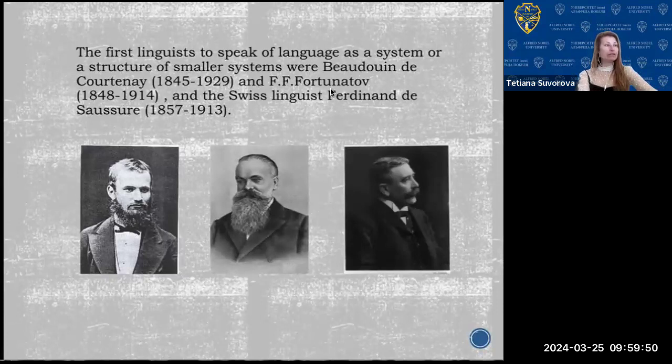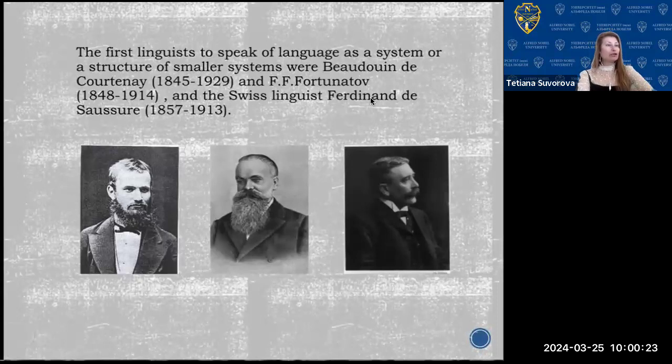Fortunatov then developed that idea, and then, of course, Ferdinand de Saussure, a Swiss linguist, offered the term system, and he differentiated language and speech. That was a huge step in the development of general language disciplines, and theoretical grammar appeared here.